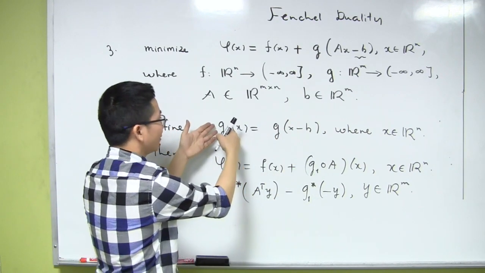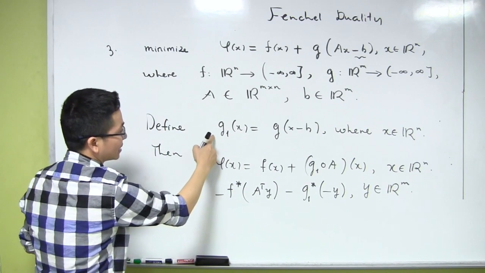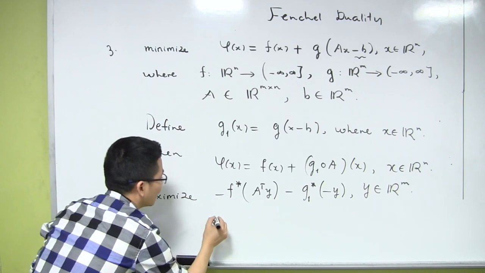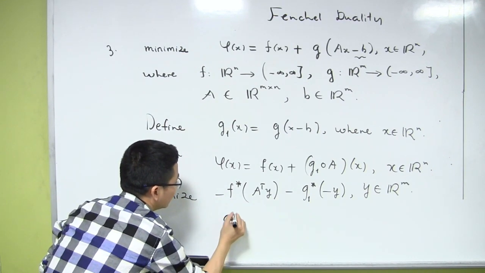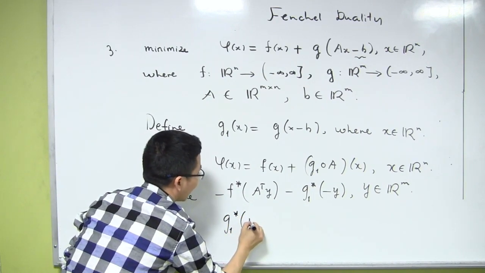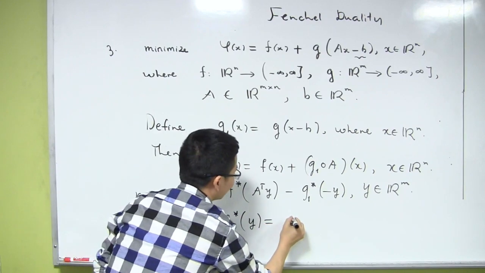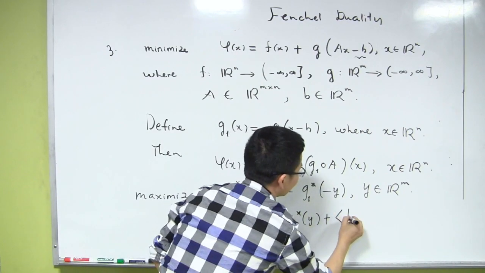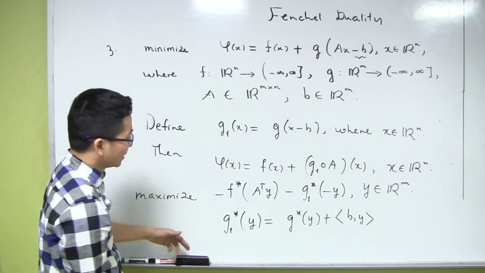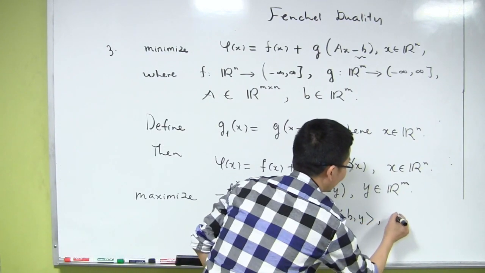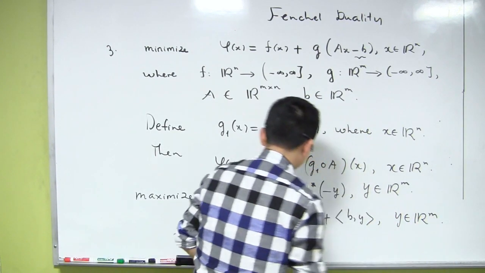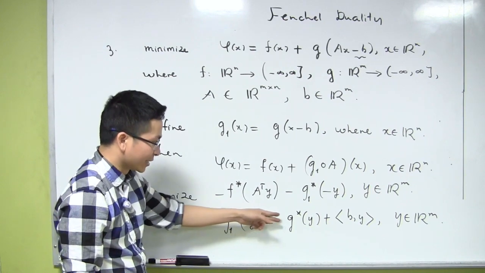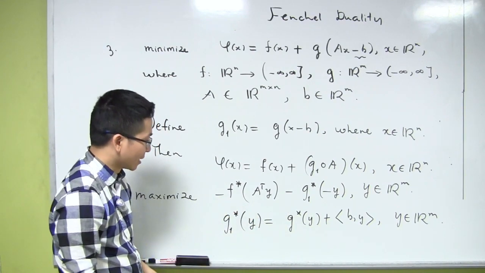We can easily find the Fenchel conjugate of g1 in terms of the Fenchel conjugate of g. We have that g1 star of y is always g star of y plus the inner product of b and y. We can easily prove this, and this is true for all y in R^m. And actually we proved it in our previous lecture.